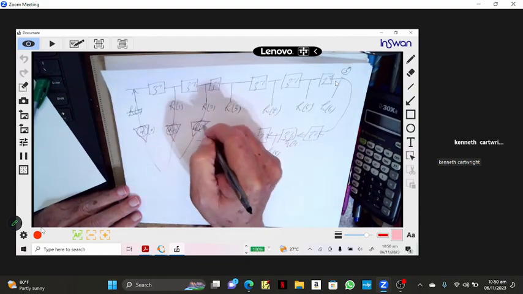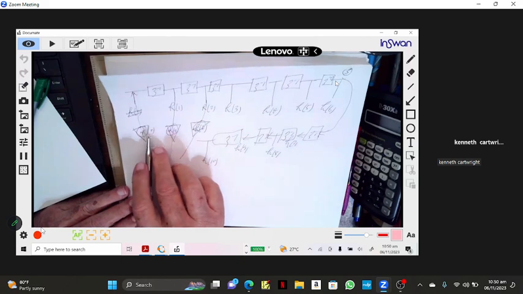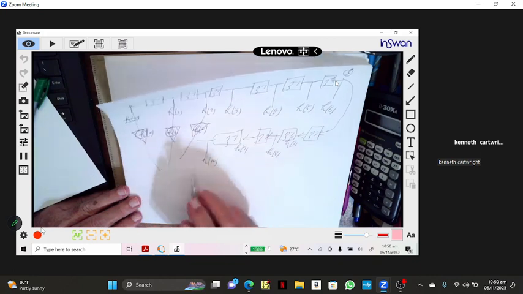There's H of 2, but not in your software, because in your software, Octave or MATLAB don't like H of 0. It's H of 1, H of 2, H of 3.